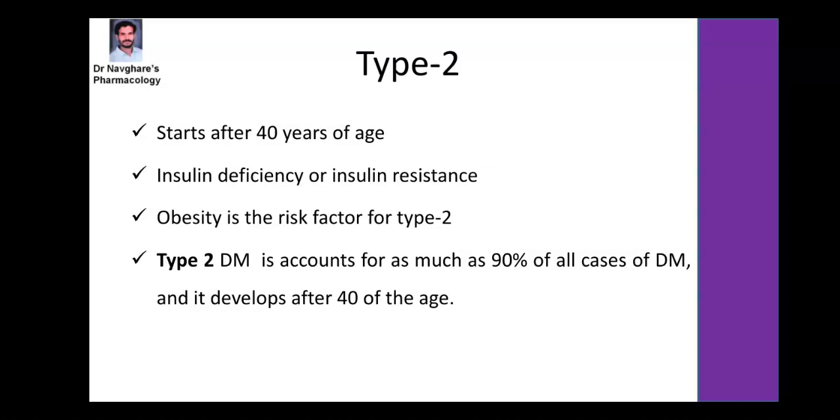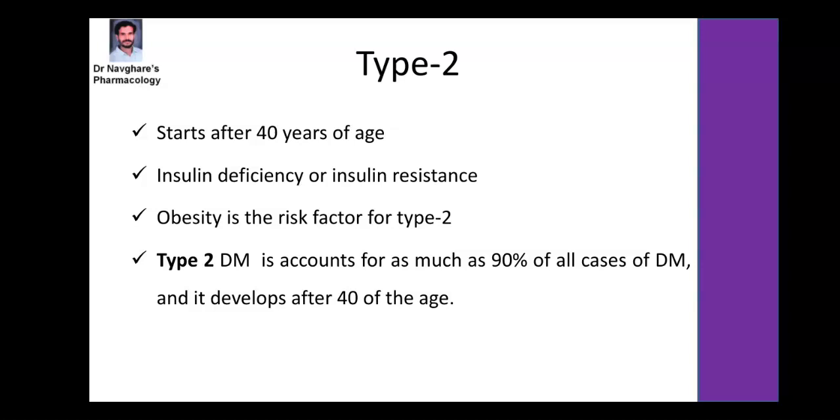Whereas type 2 diabetes starts after 40 years of age. In type 2, insulin deficiency or insulin resistance develops. Obesity is one of the risk factors that increase the chances of type 2 diabetes.